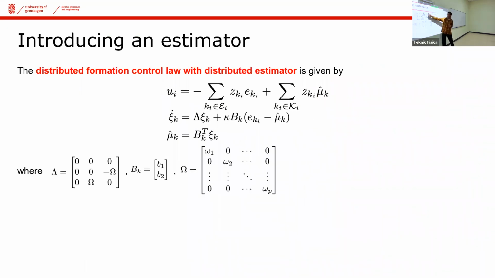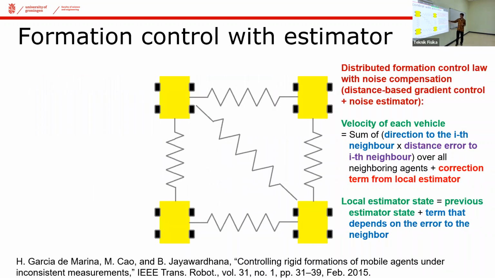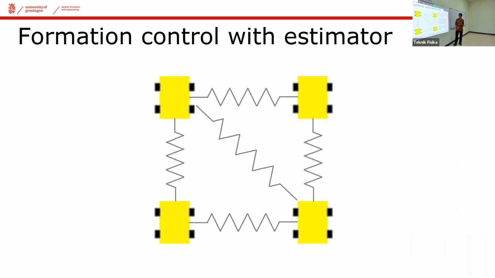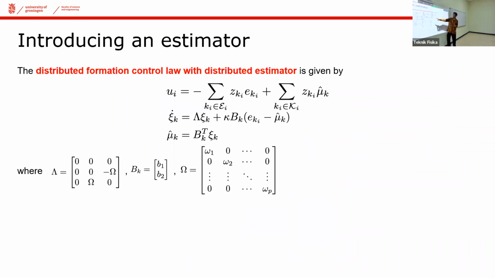This comes from the previous formation control, and then there is a corrections term here. And the local estimator state is basically the previous estimator state plus a term that depends on the error to the neighbors. And that is actually what you can see here. The current state is equal to the previous state plus some corrections term.